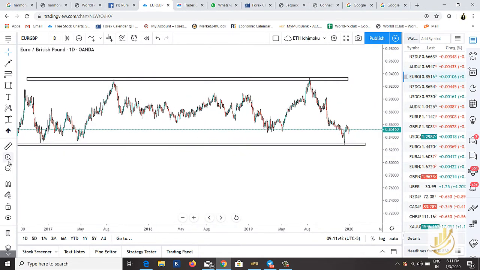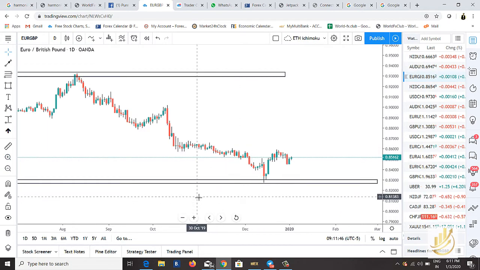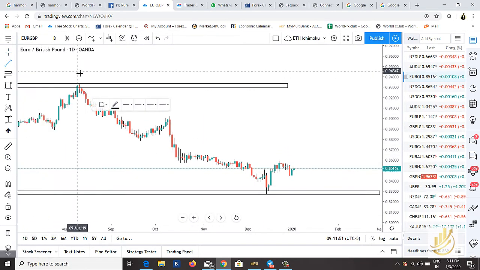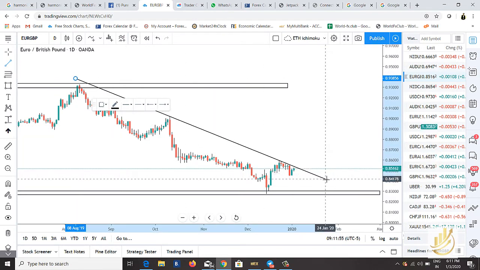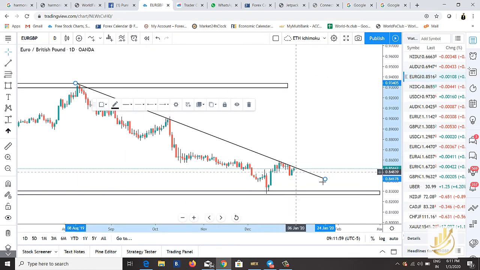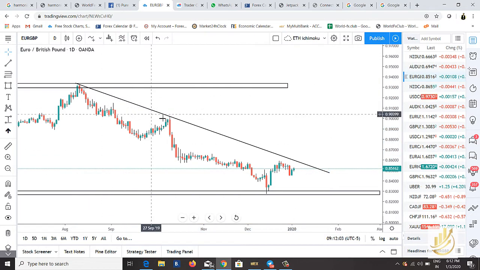Okay, perfect. The second step is to draw trend lines. This looks like a downtrend line because the market is going down, price is just moving down.